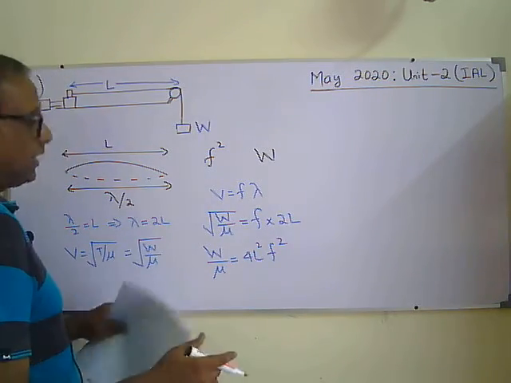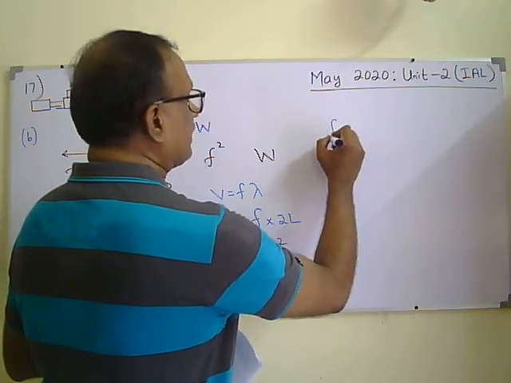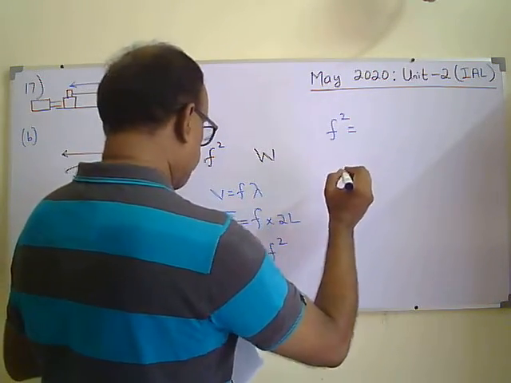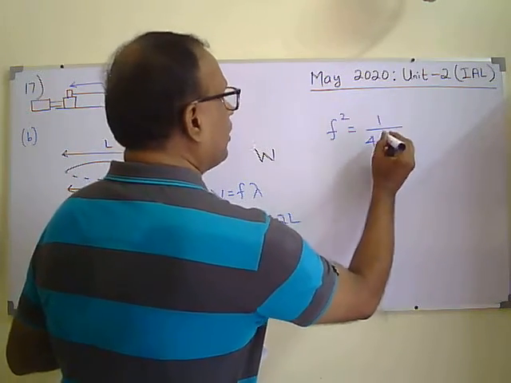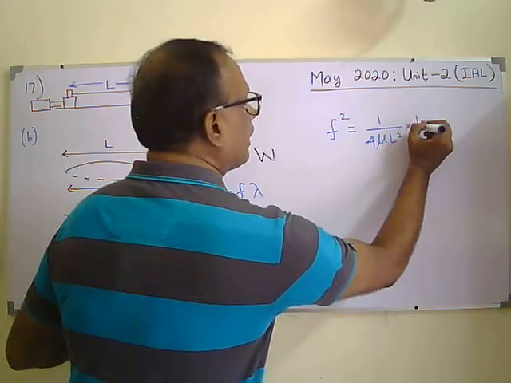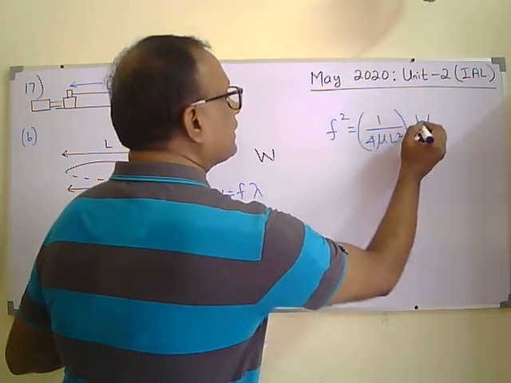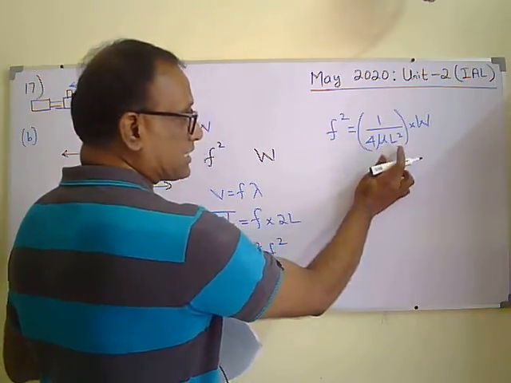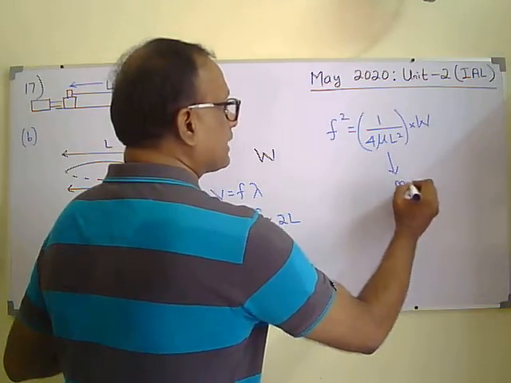So make f squared the subject. So f squared is equal to 1 over 4 mu L squared times W. Then you should say here, mu is a constant, L is a constant. So the gradient will be constant.